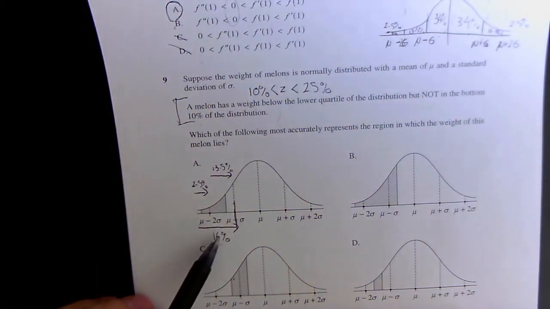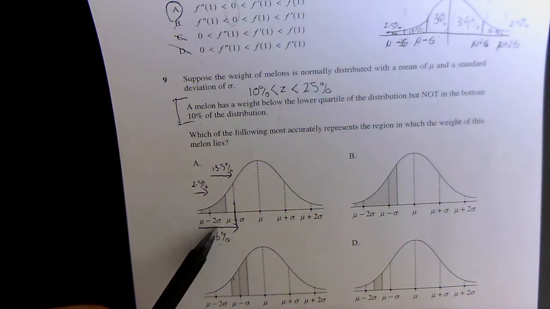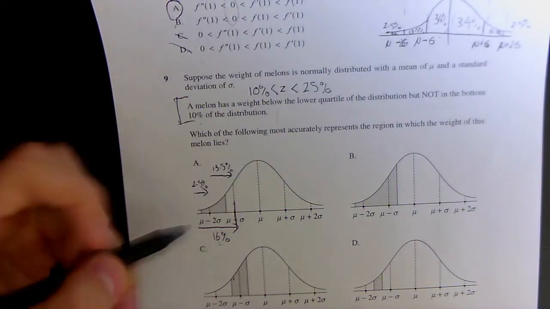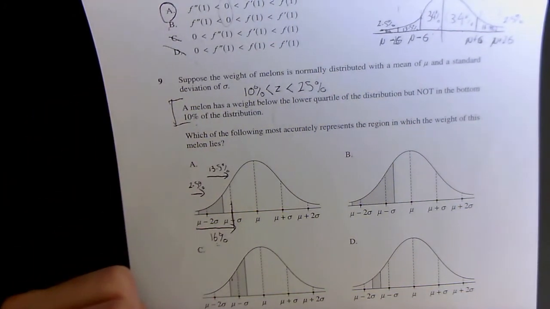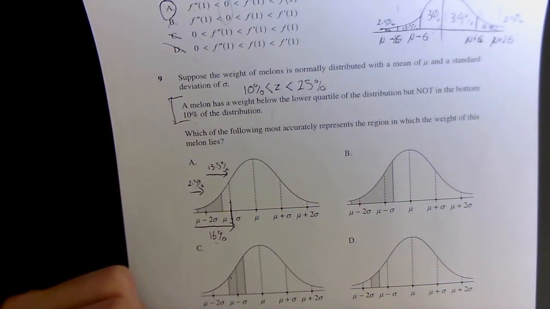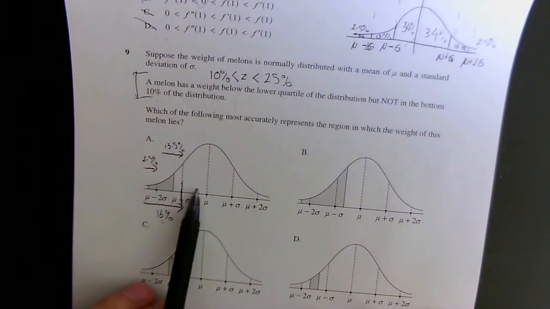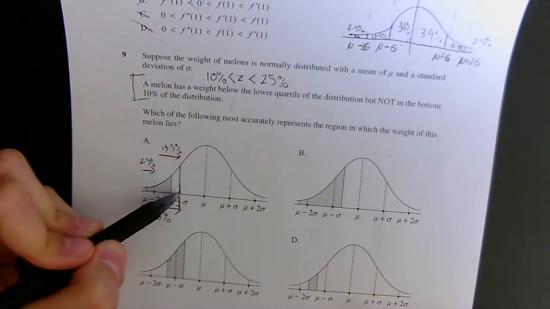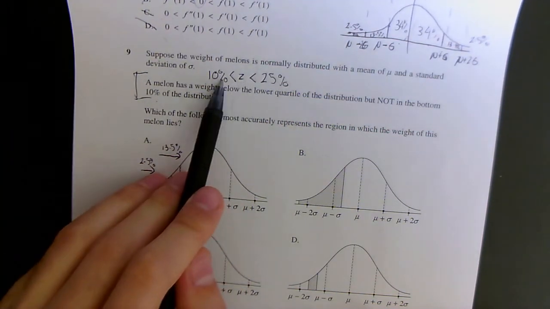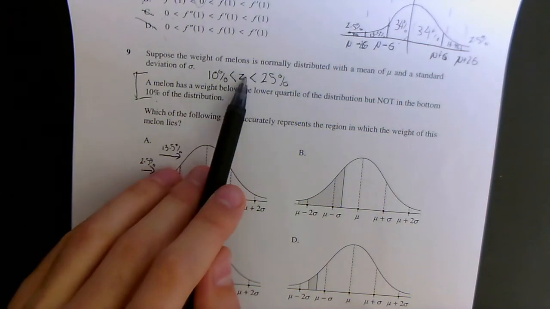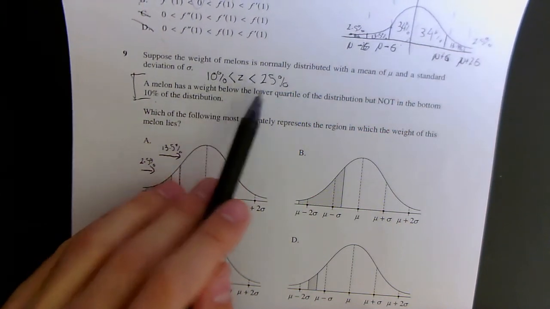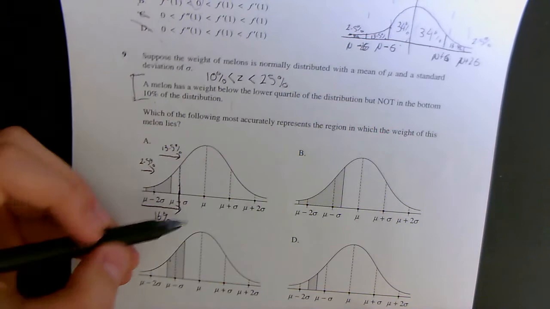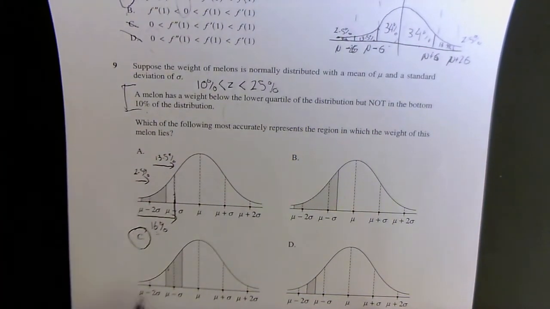And recall, I need to be within that, so I need to be above 10%, which would indicate that I'm probably going to lie in a region around here. Because if this is 16%, I need it to be a little bit below, so my minimum can be a little bit below 16%, and my maximum can be a little bit above 16%, and that hints towards C being the answer, so this curve down here.